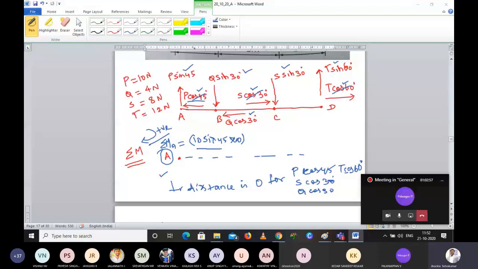First one. No doubt, sir. Okay. Next one, the Q sin 30 makes this particular beam rotate clockwise. Yes or no? Yes, sir. Correct. So now it will be plus 4 sin 30 multiplied into what is the distance? Can you tell me?